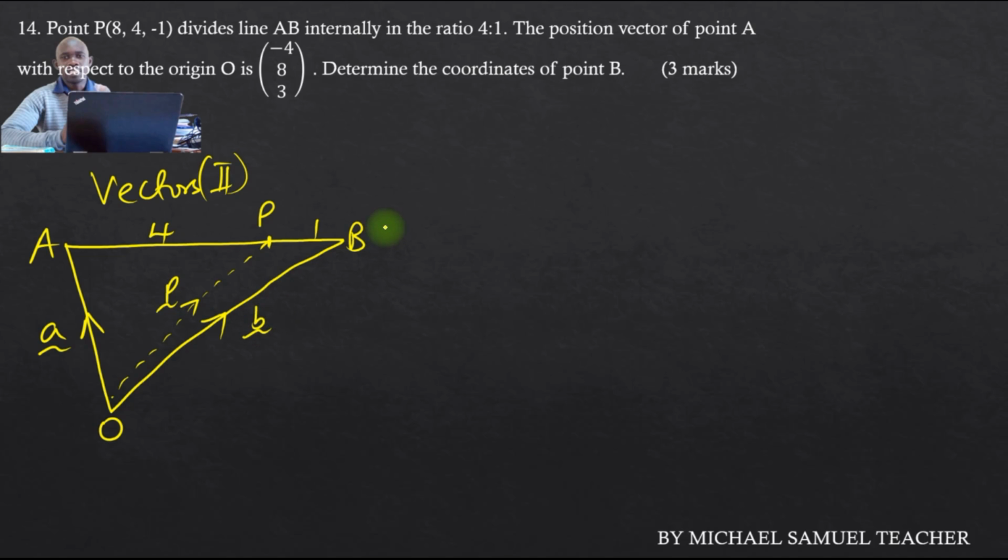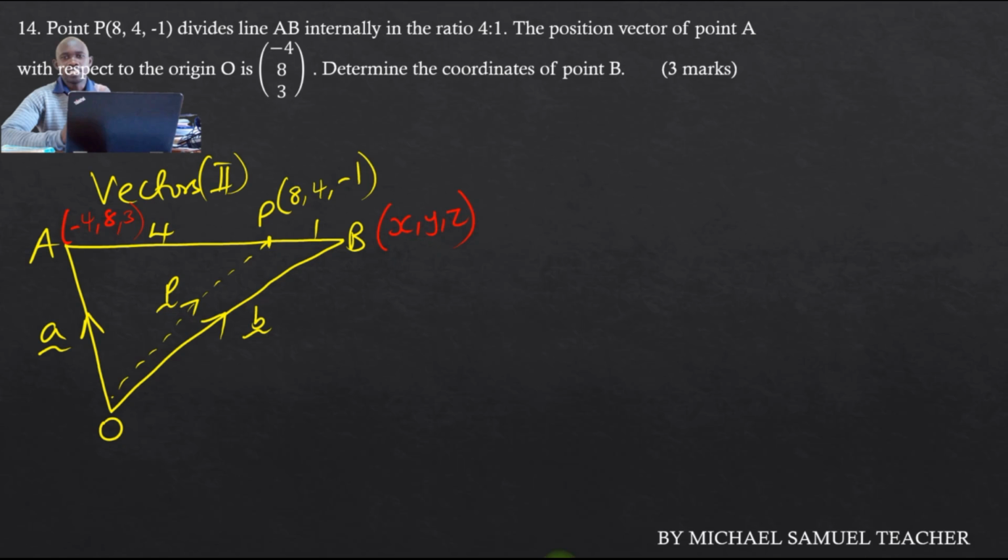Now P is (8, 4, -1). A is (-4, 8, 3), the position vector of point A with respect to the origin. We need to determine the coordinates of point B, x, y, z. That's what we require.